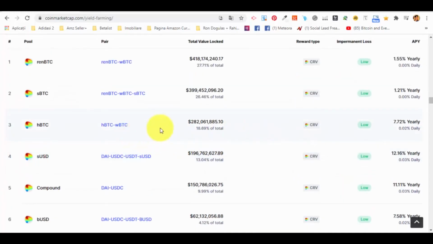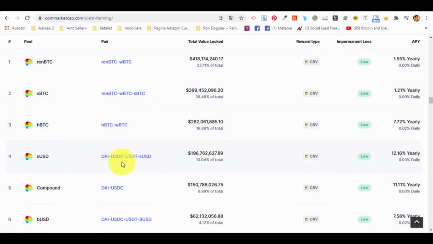For example, we have a very good yearly return of 12% on this pool. So we can see that each pool has a different name, and it has a pair of 2 tokens.